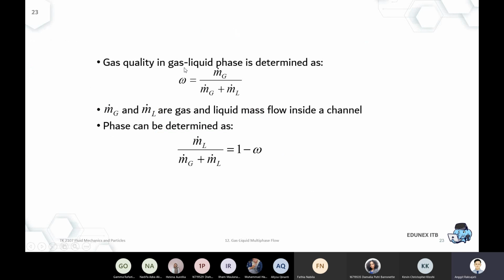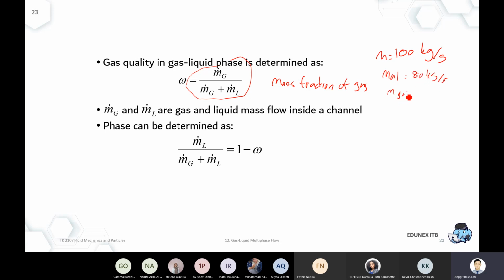Okay, so gas quality in the gas-liquid phase is the mass fraction of the gas. Omega is the mass fraction of the gas. So let's say you have 100 kilogram per second of overall combined liquid oil and gas, but once you measure it, actually the oil is only 80 kilogram per second, for example.